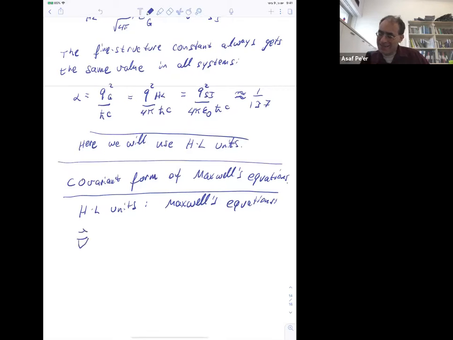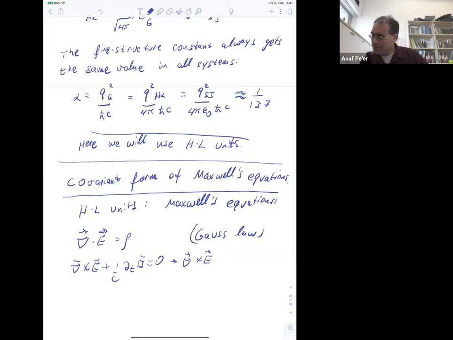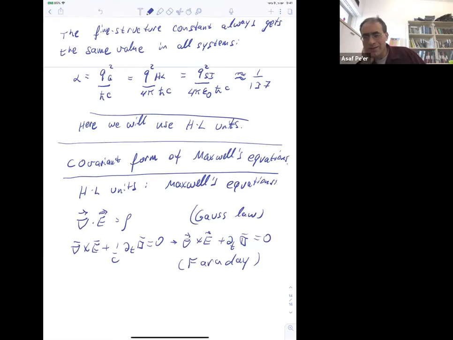Gauss's law. Right. Faraday's law of induction. And then no magnetic monopole.